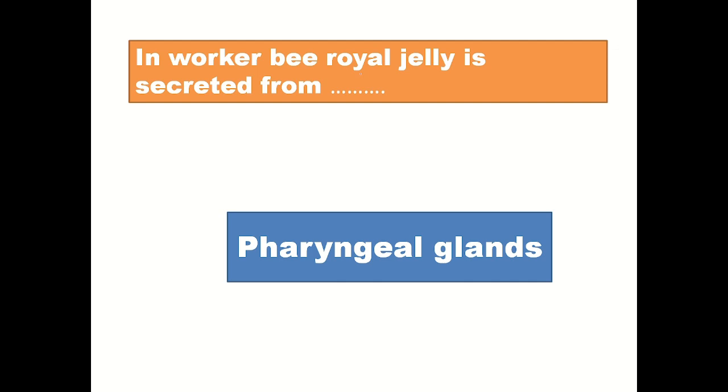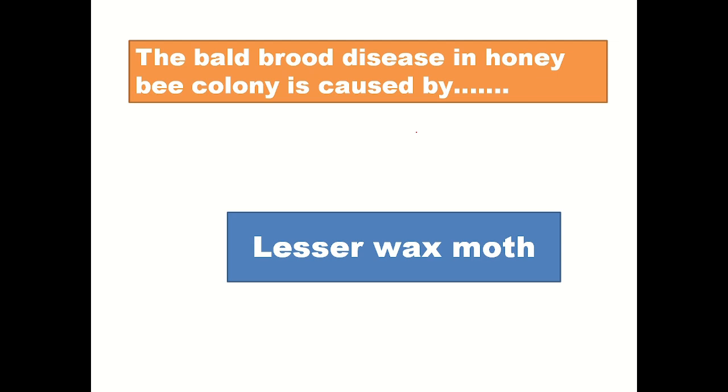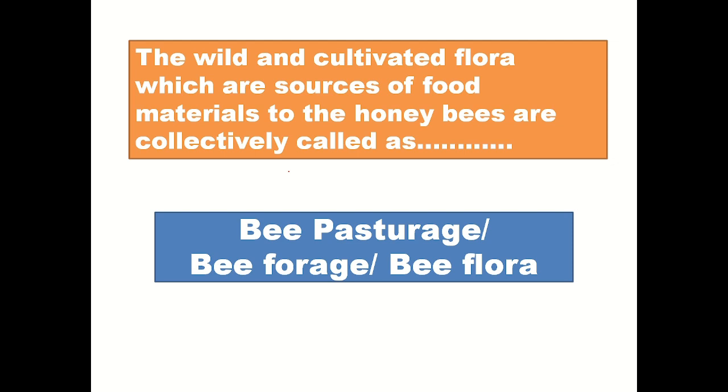In worker bee, royal jelly is secreted by hypopharyngeal glands. The bald brood disease in honeybee colony is caused by lesser wax moth. The wild and cultivated flora which are source of food material to the honeybees are collectively known as bee pasturage or bee forage or bee flora.